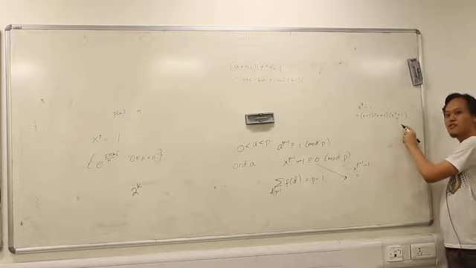Okay, so if you have something like this, you can factor it out, something like that. We can factor out this polynomial into something like this, where this represents the cyclotomic polynomials. Okay.